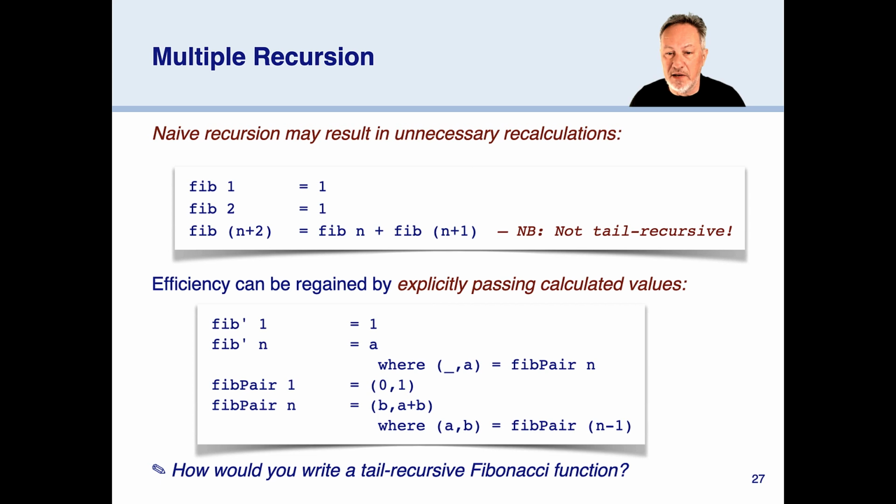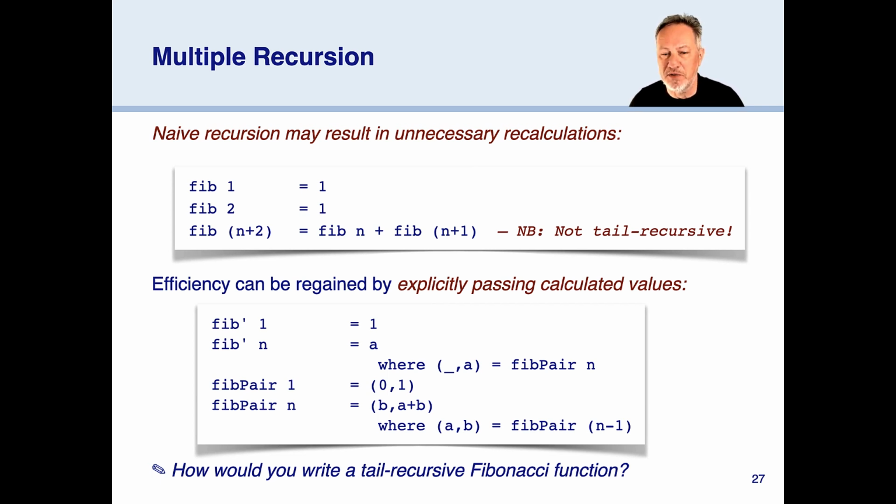Now we can do the same trick that we had before. We can regain the efficiency by explicitly passing the calculated values. So here, Fibonacci prime: Fibonacci 1 is 1, Fibonacci of n is a, where a is the second element of the pair of numbers in fib pair of n. So fib pair is a little bit cleverer.